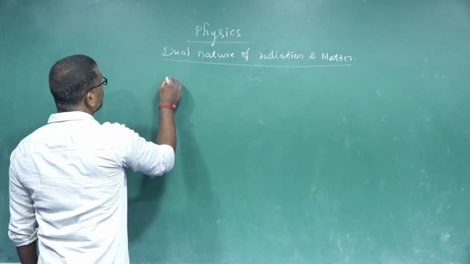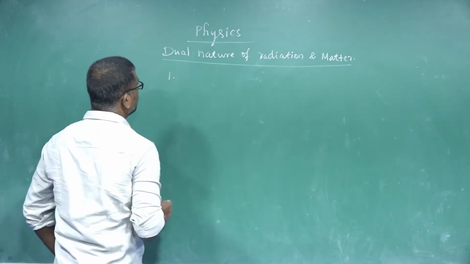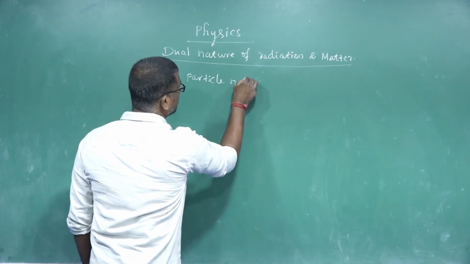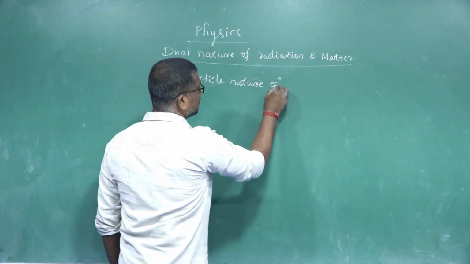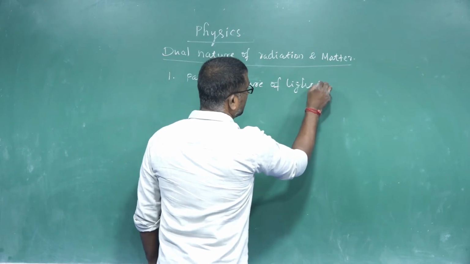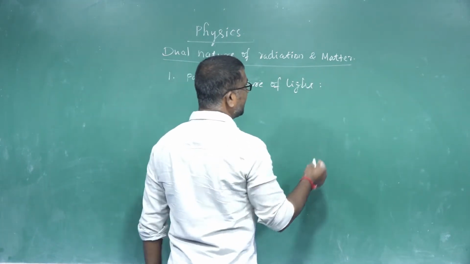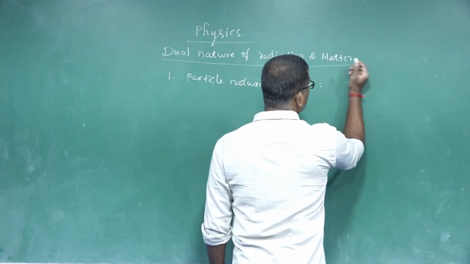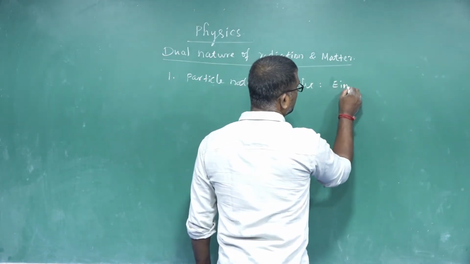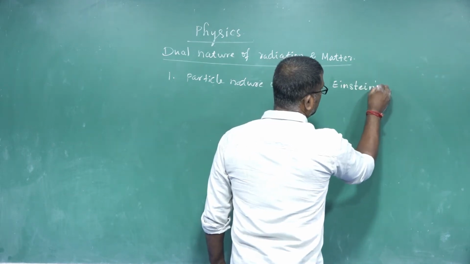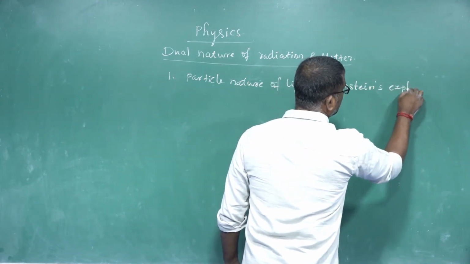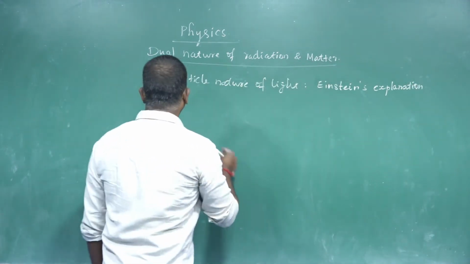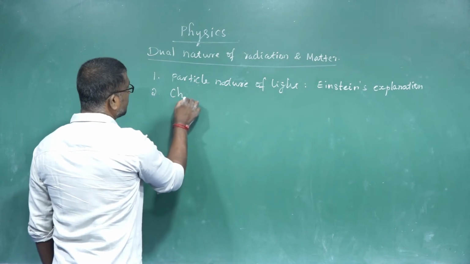The topics we are going to discuss now are, first one, the particle nature of light explained by Einstein, or Einstein's explanation. Next, characteristics of a photon.